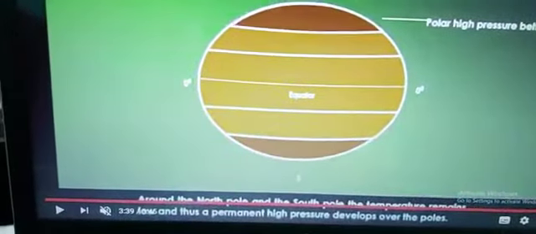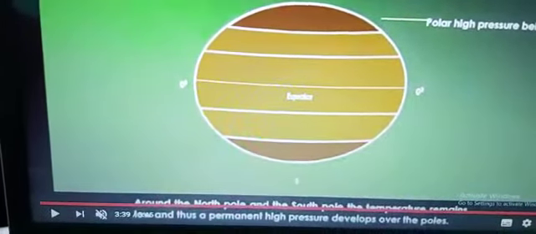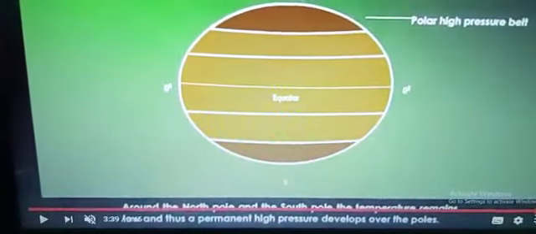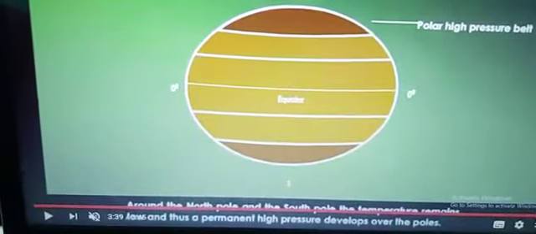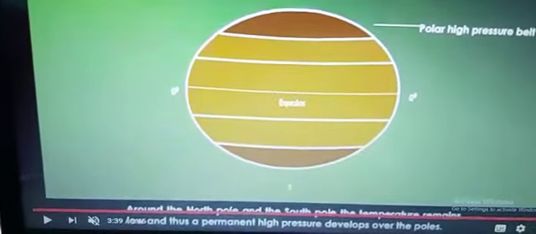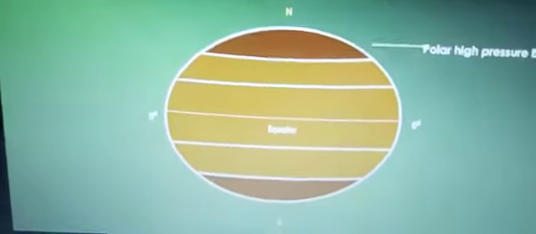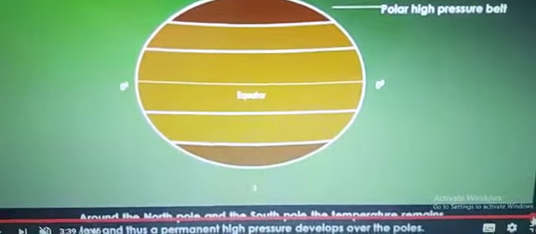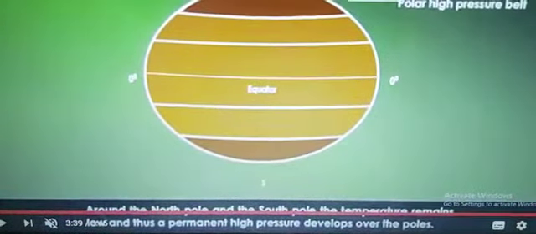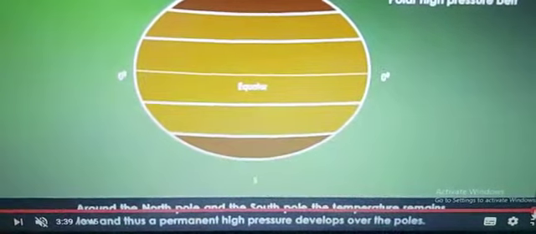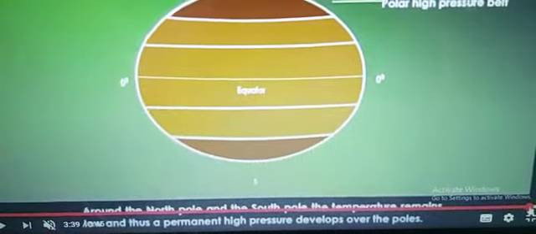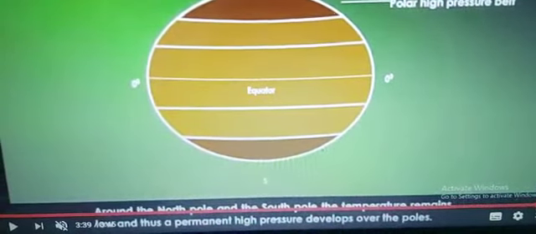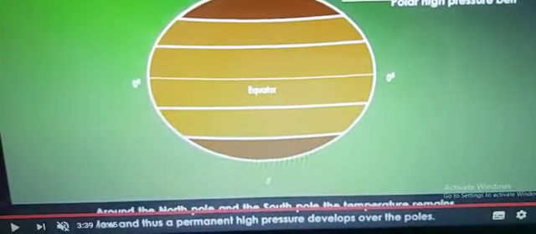If the earth had not been inclined toward the sun, the pressure belts described above would have been as they are. But the earth is inclined at 23.5 degrees toward the sun, and on account of this inclination, differences in heating of the continents and oceans and the pressure conditions in January and July vary.